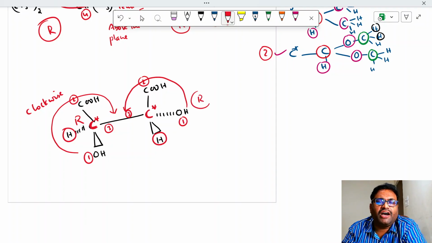So it will be R. So at both carbons you have R configuration. The main thing which decides here is finding the priority based on CIP rules. You have to find which group has high priority and which group has low priority. That is the basic thing.